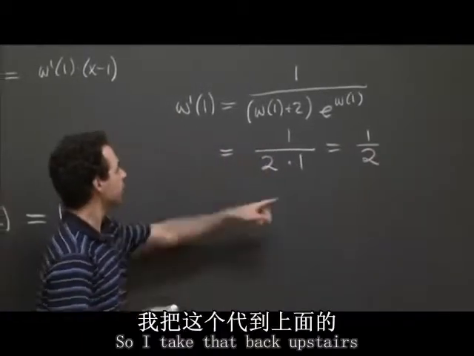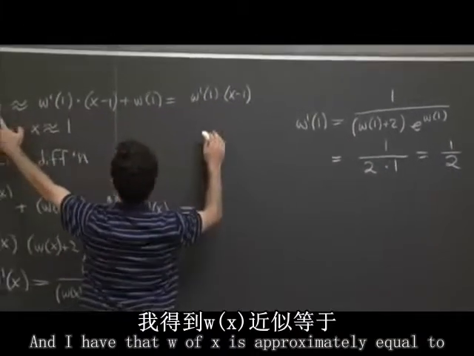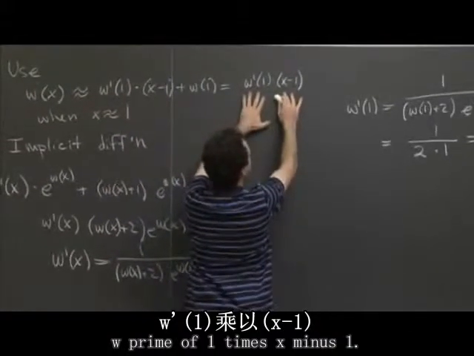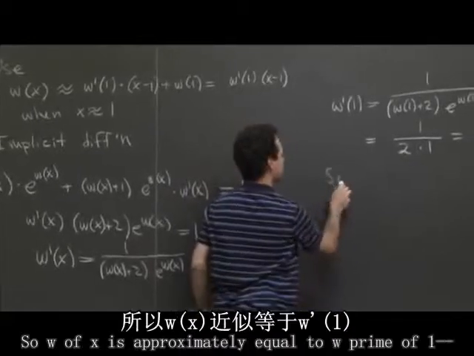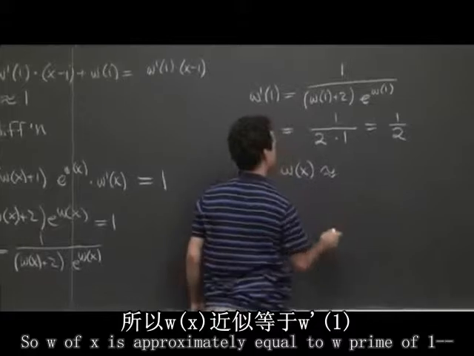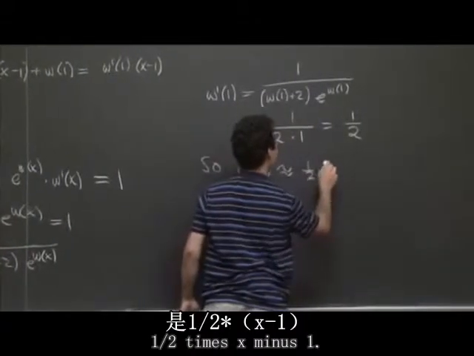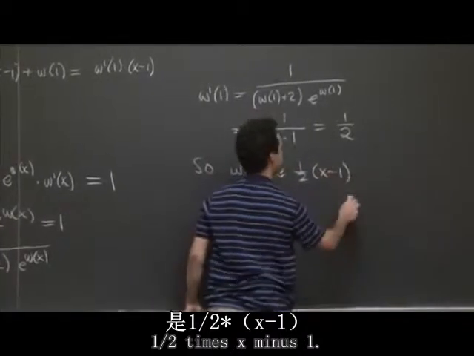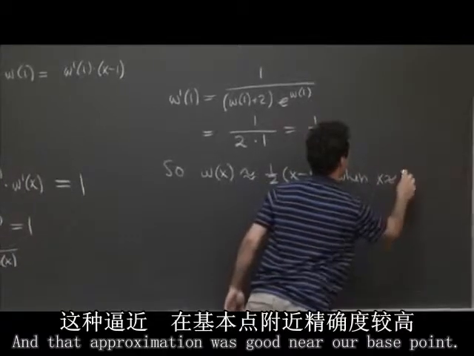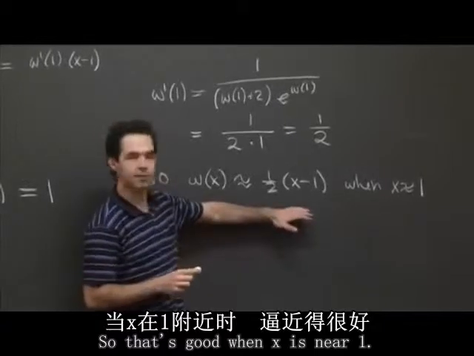OK, so I take that back upstairs to this equation that I had here. I have that w of x is approximately equal to w prime of 1 times x minus 1. So w of x is approximately equal to w prime of 1, which we saw is 1/2, times x minus 1. And that approximation was good near our base point, so that's good when x is near 1.